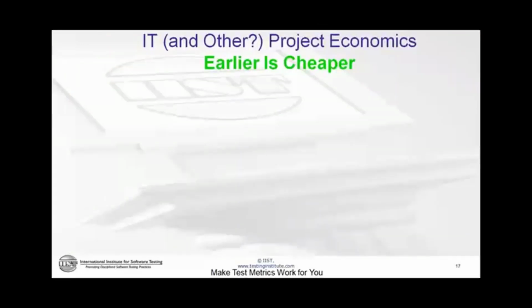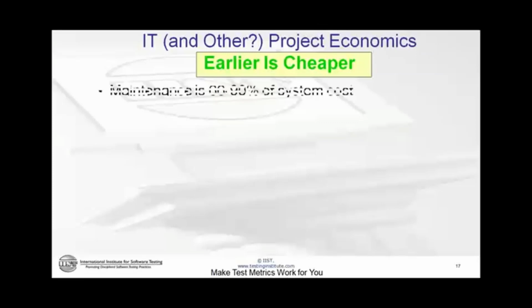So when we look at measures and how they relate to money, which is ultimately an important measure, we know that earlier is cheaper. That is, when we look at where the money goes in an overall system development life cycle, the bulk of money is spent on a system after it has gone into production.